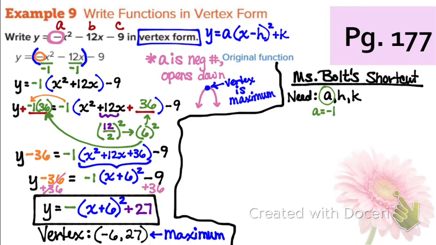All right, so we have that piece. I need two more parts. H and K make my vertex, right? Yes? No? Vertex is HK. So if I can find the vertex, then I'll have the two pieces that I need.